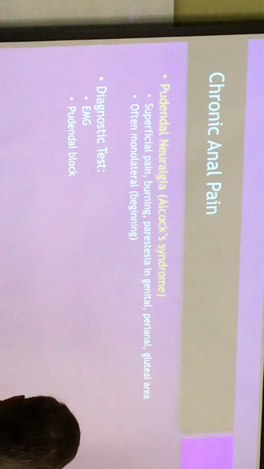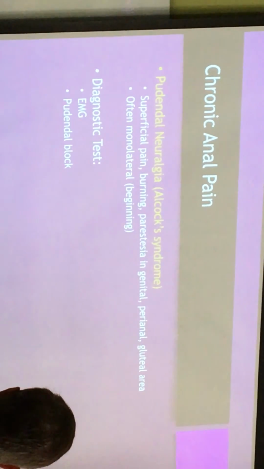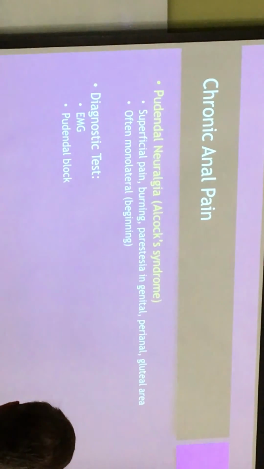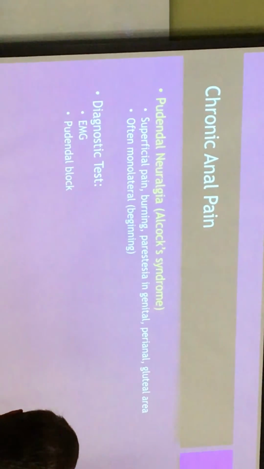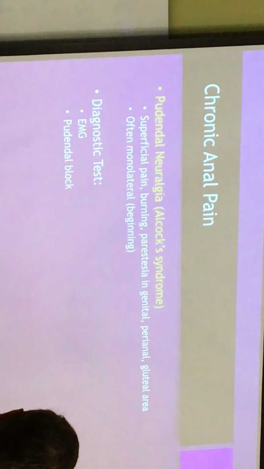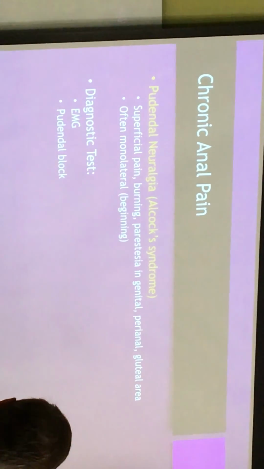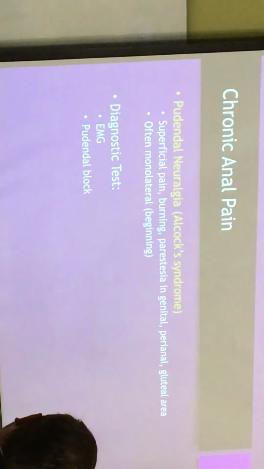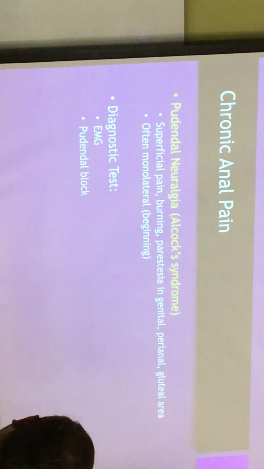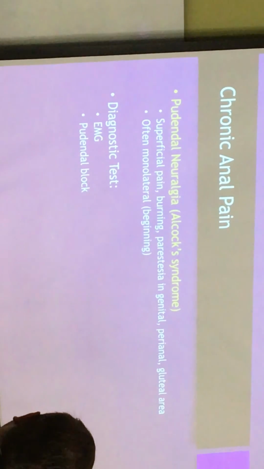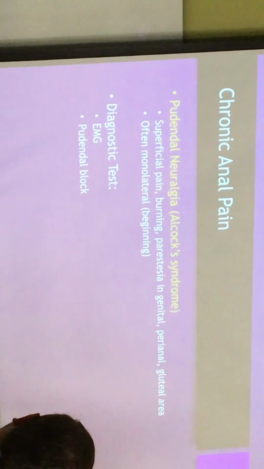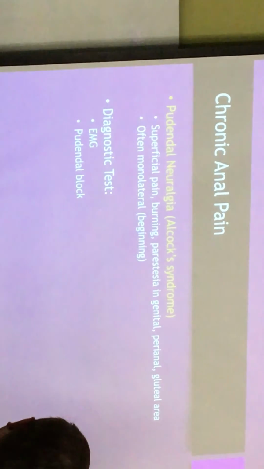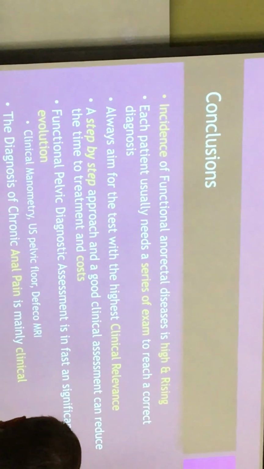So if we ask the patient to remember how it was actually rising at the very beginning, they tend to tell you that it was mainly on one side, and then through the connection of the superficial nervous system, it becomes bilateral. The diagnostic test is usually EMG or the pudendal block, which is diagnostic for Alcock syndrome. We put some anesthetic through the Alcock canal, and you see if the patient gets relief from the pain.